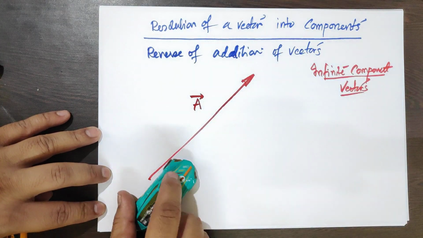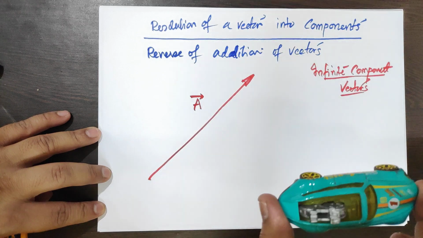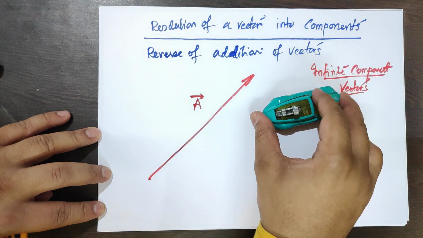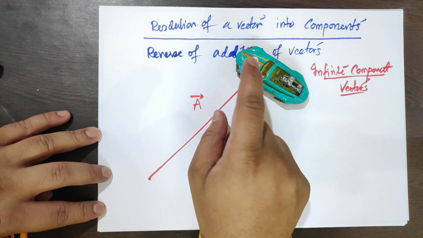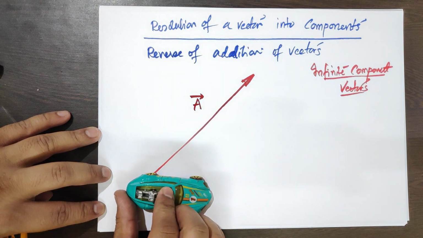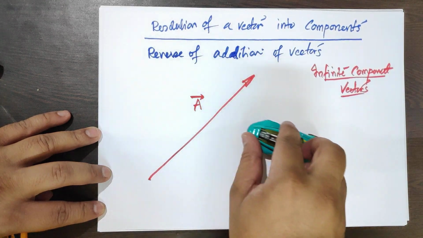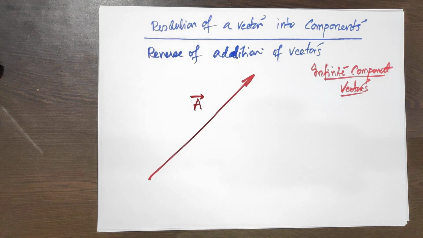So it has three components. Or it can go here, if it has wings, it can go here and then go here, come down and go here. So it has 1, 2, 3, 4, 5 or whatever. So it can have infinite components. So it can have infinite component vectors.